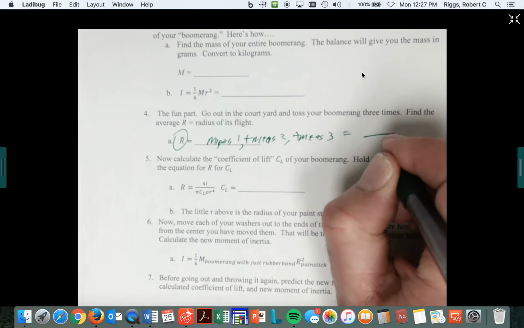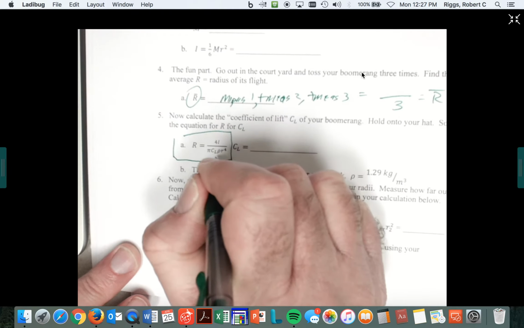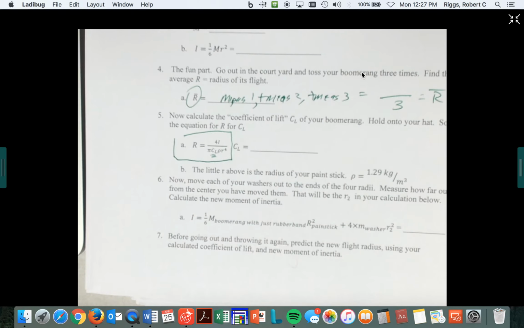Now, you have to calculate the coefficient of lift of your boomerang. Hold on to your hat: solve the equation for R. In other words, here's the equation to find the radius if you know the coefficient of lift.